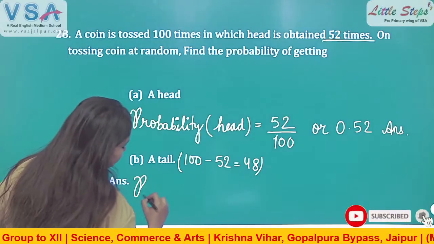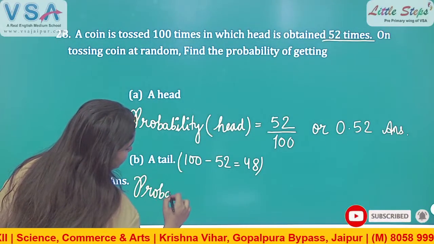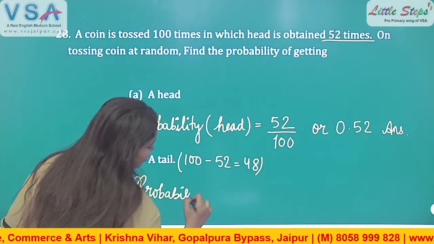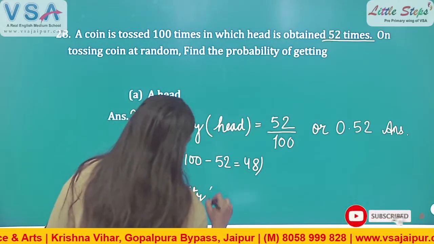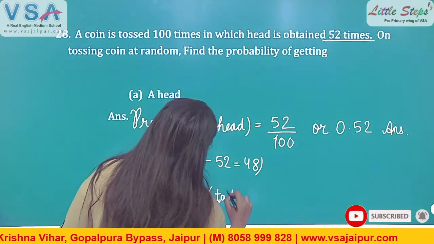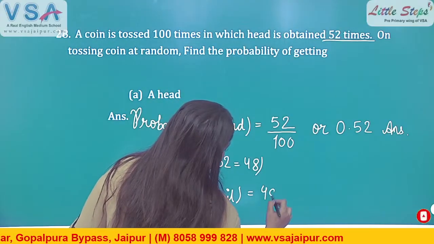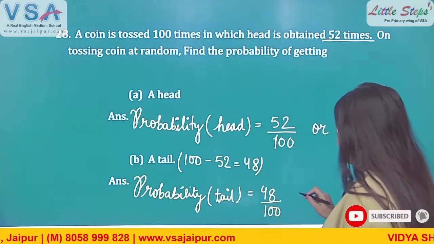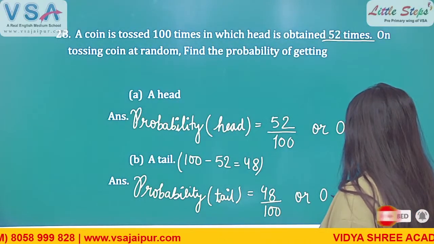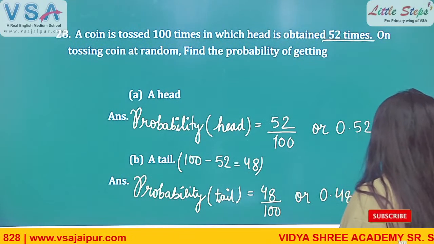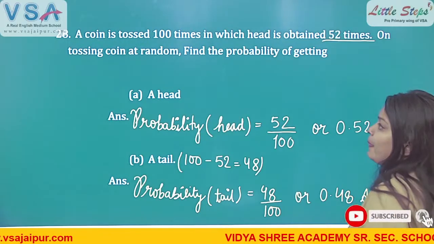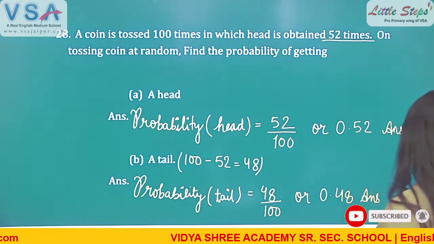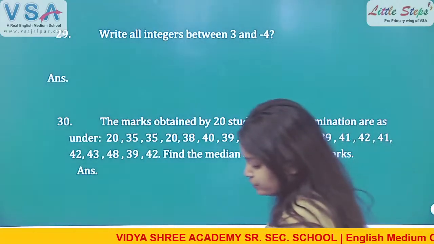Then putting the value in the formula again, probability of a tail is 48 by 100, and we can write this also as 0.48. Clear? Moving on to the next question, 29th.